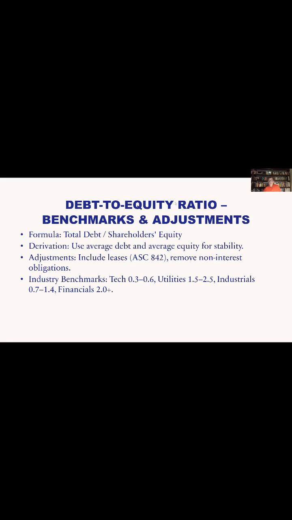The way you do that is by looking at those lease payments over that time period and discounting them back to a present value that you can then use as the debt for those leases, treating those leases as debt.